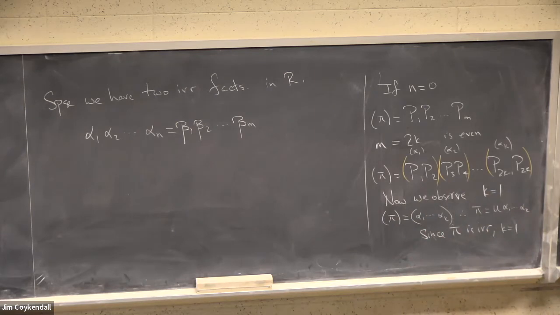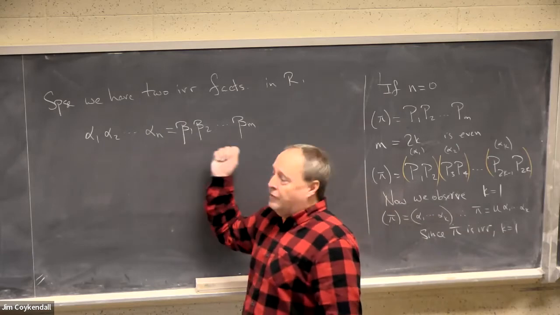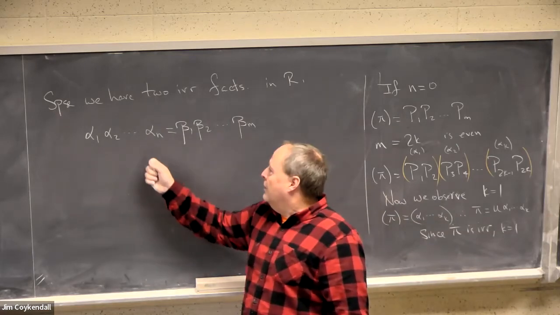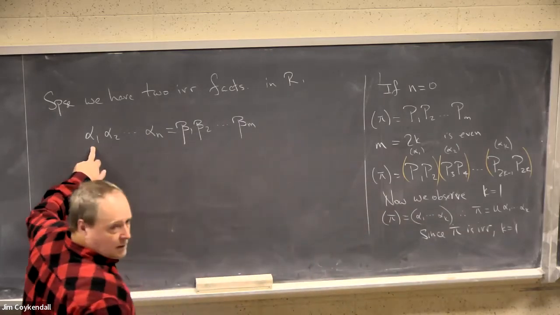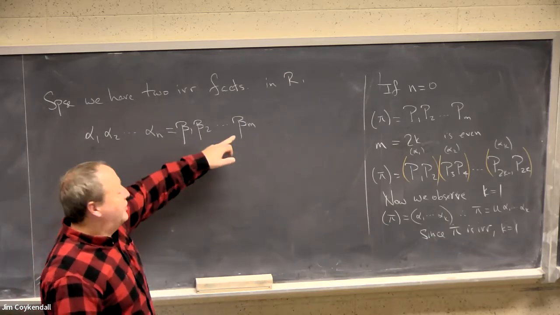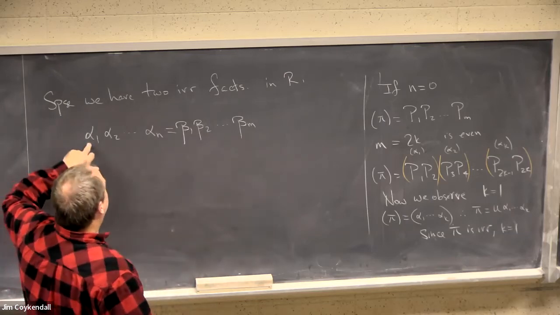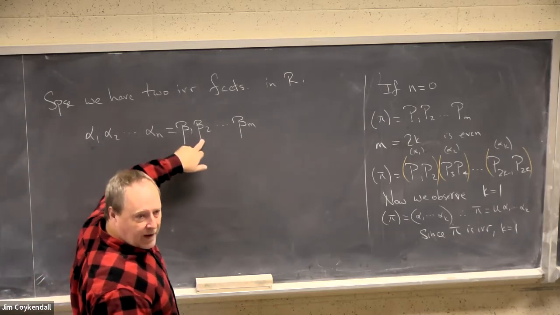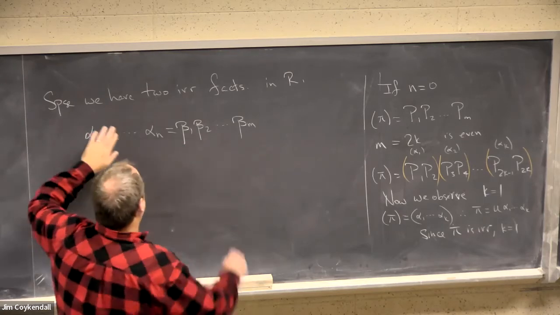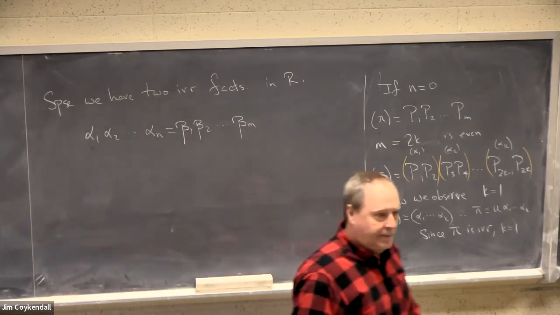Now, one of the things that we learned earlier in this class was that if you have a prime factor, then it has to appear on both sides, right? Everybody agree with that? Remember, our ultimate goal is to show these two lengths are the same. If, for example, alpha 1 is prime, then that means it divides this side, so it has to divide one of the betas. So I can just pull it off. So if alpha 1 is prime, then without loss of generality, it's associated with beta 1, which is also prime, and we just pull that off, right?